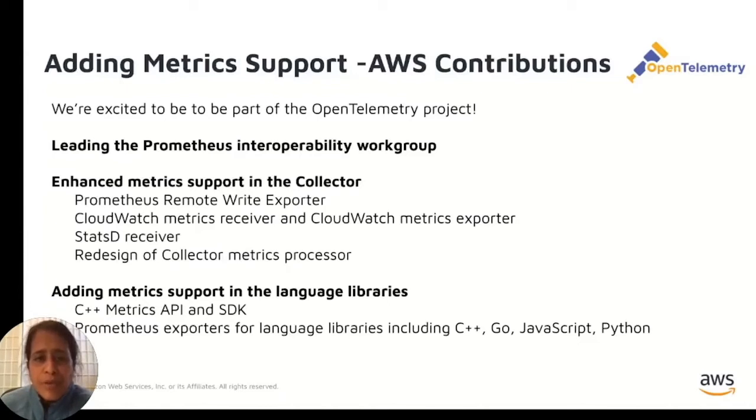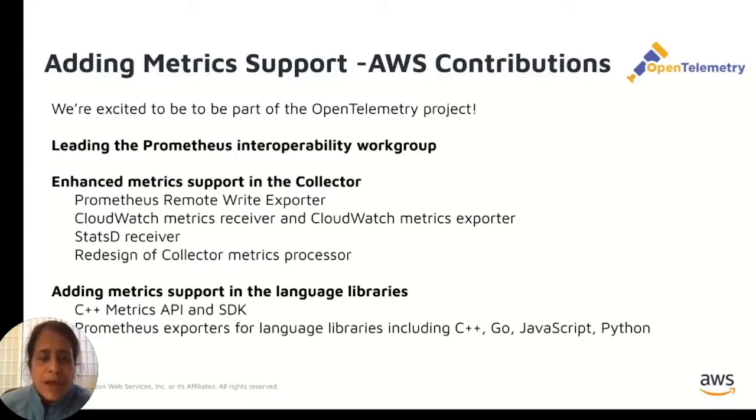In the language library areas, we've been super active on the C++ language library, where we built out the metrics API and SDK as an initial experimental version last year. And then, of course, with the API and SDK stability work that is ongoing right now, we hope to take that to a stable implementation.